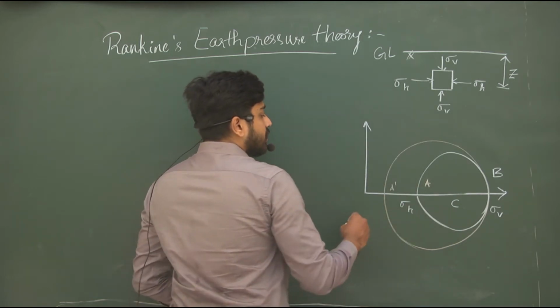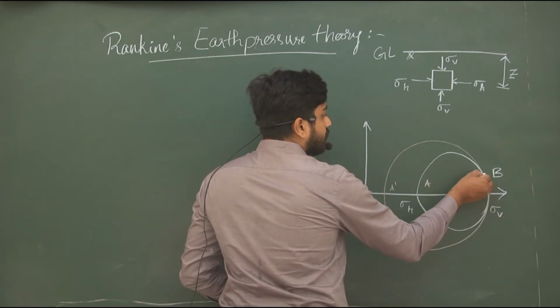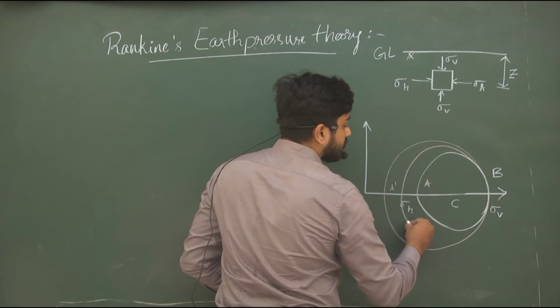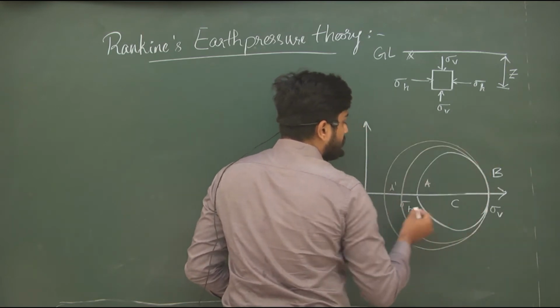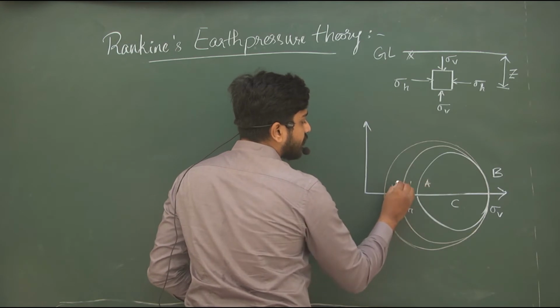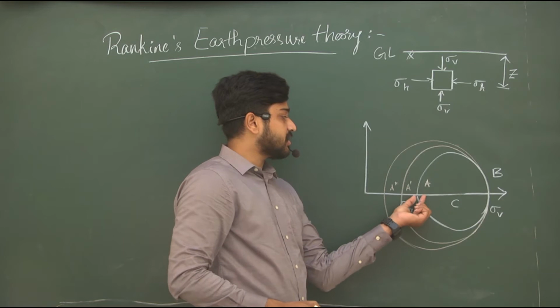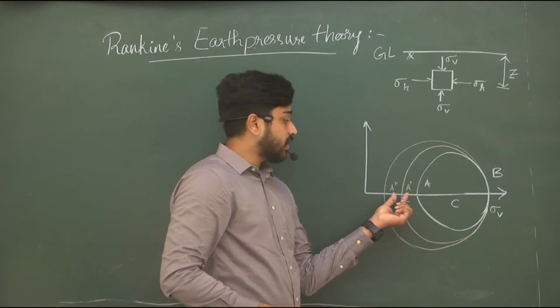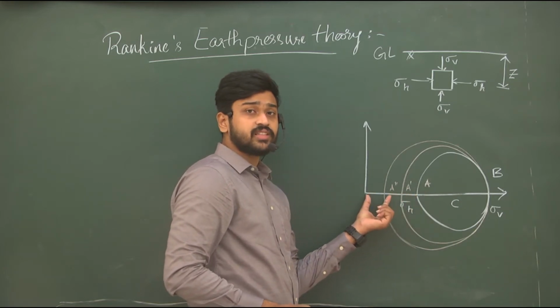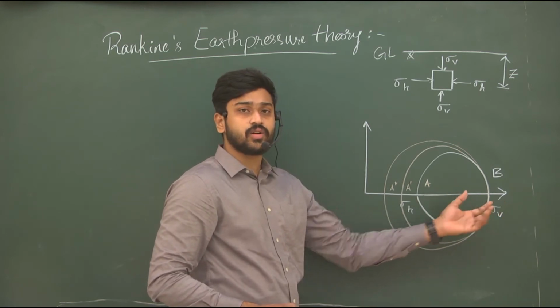Imagine there is another circle on further decreasing, somewhere in between these two. Let us denote this by a dash and this by a double dash. That means sigma h is initially at a, and now it has decreased to a dash, and then to a double dash, but our sigma v, the vertical stress, is constant.